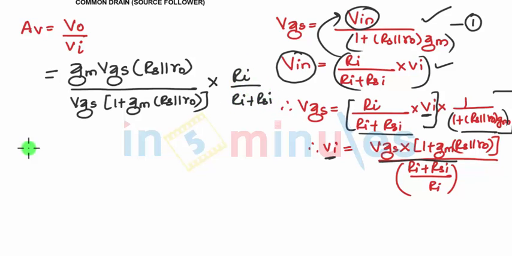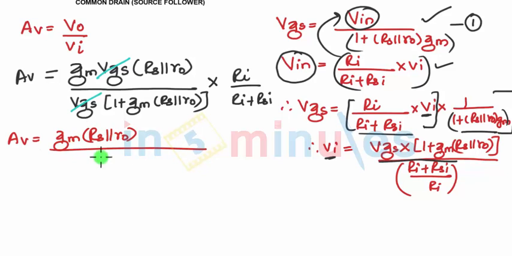So this is how I will get the equation for voltage gain. Now in this, VGS and VGS will cancel out, and the final equation for the gain AV will be gm RS parallel RO upon 1 plus gm into RS parallel RO multiplied by Ri upon Ri plus RSI.